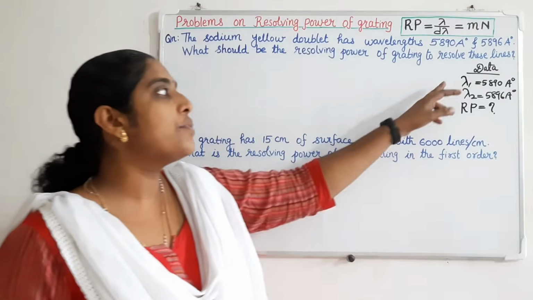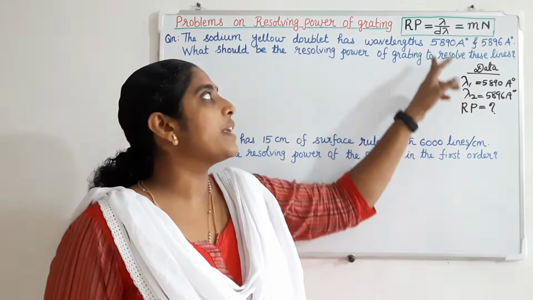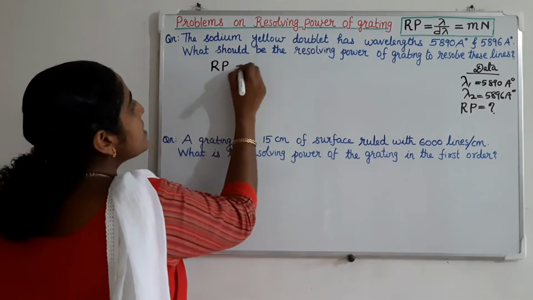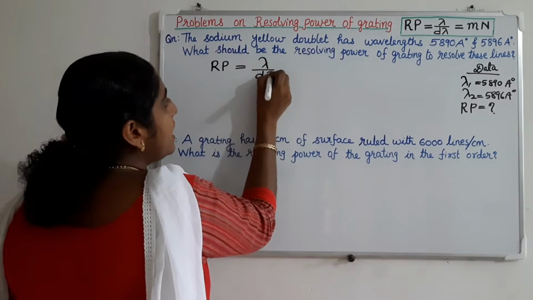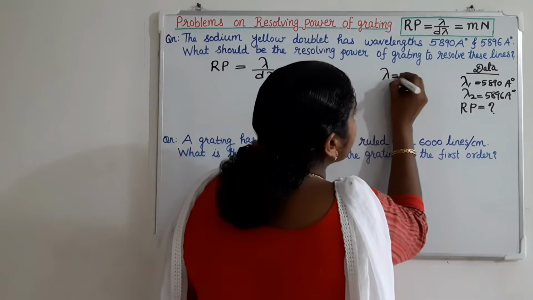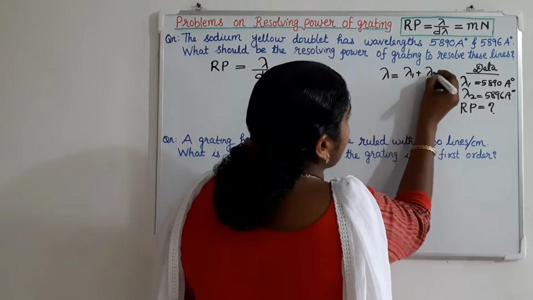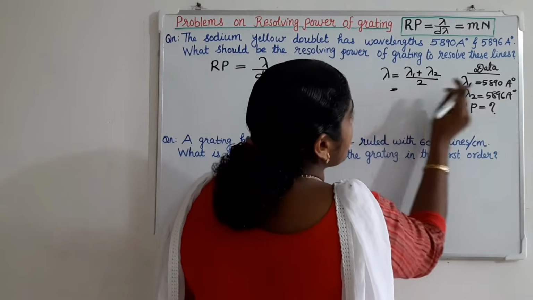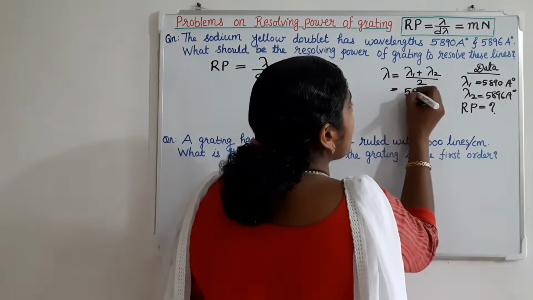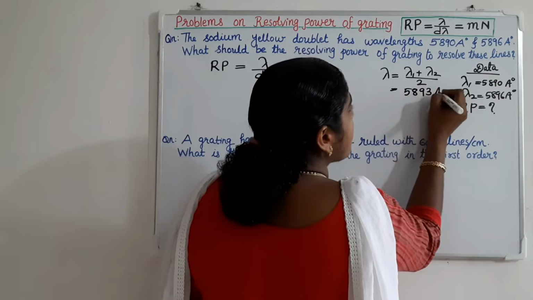From the two values of these wavelengths, we can find the resolving power. Resolving power is equal to lambda by d lambda, where lambda we can take as the average of both wavelengths, that is 5890 plus 5896 divided by 2, that is 5893 Angstrom.